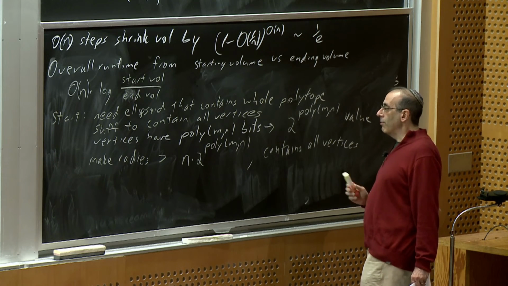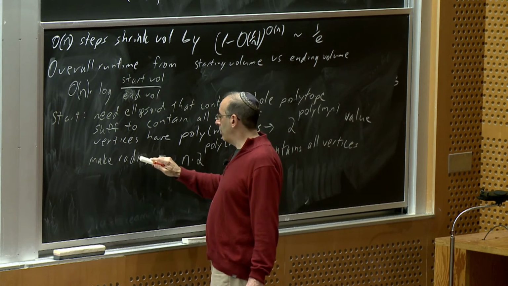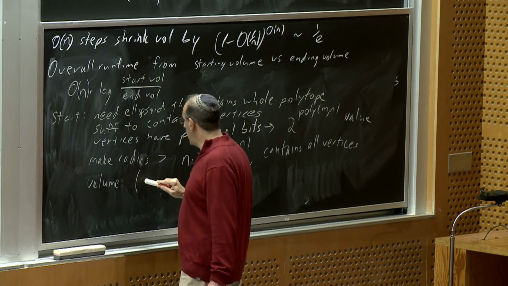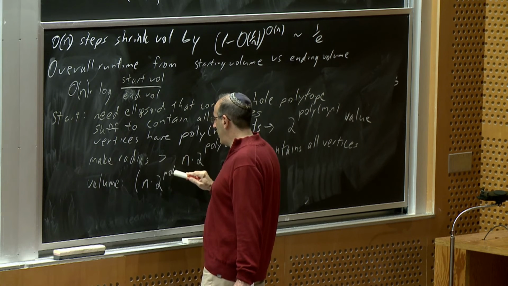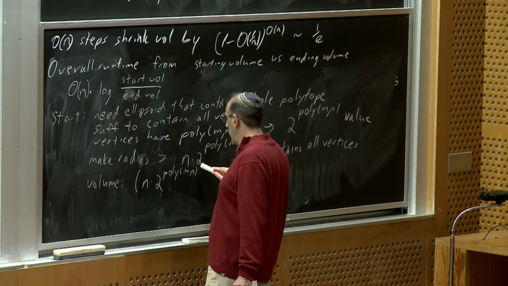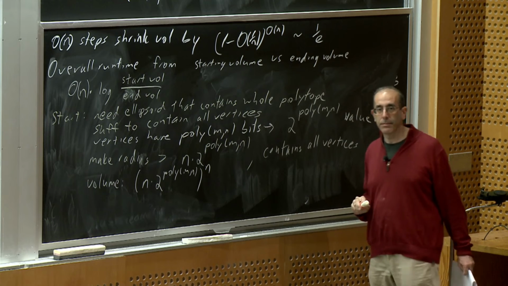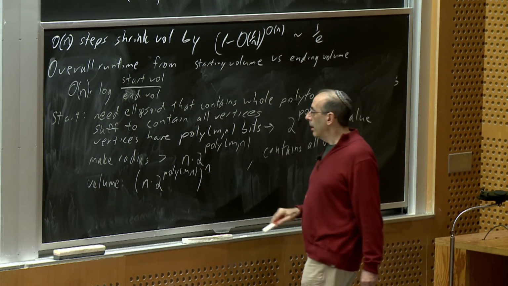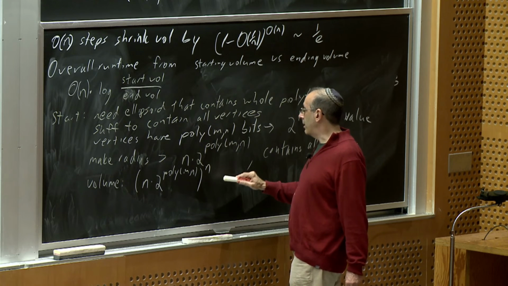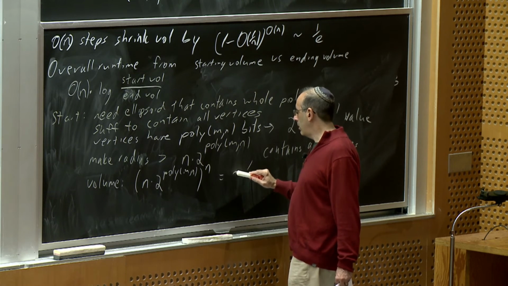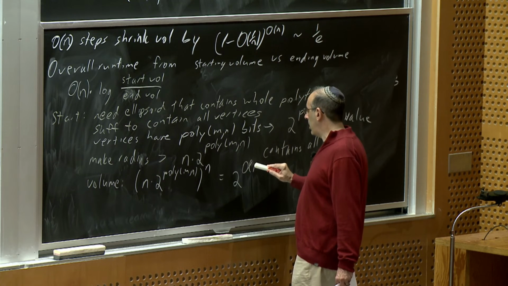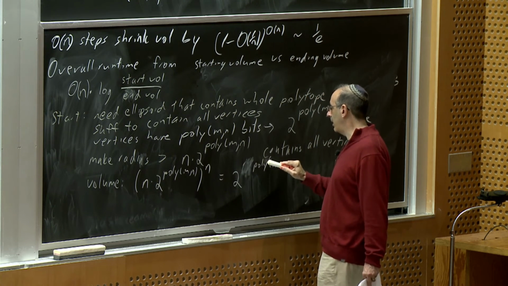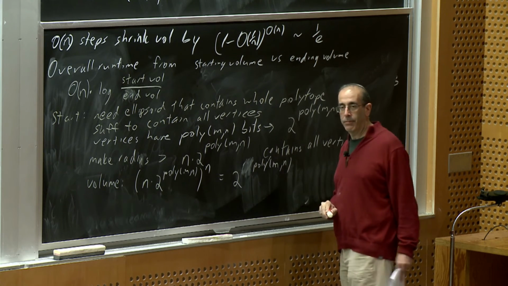And if the radius is n times 2 to the poly of mn, then the volume becomes n times 2 to the poly of mn raised to the nth power times some constant, right? Which is still 2 to a different poly of m and n.